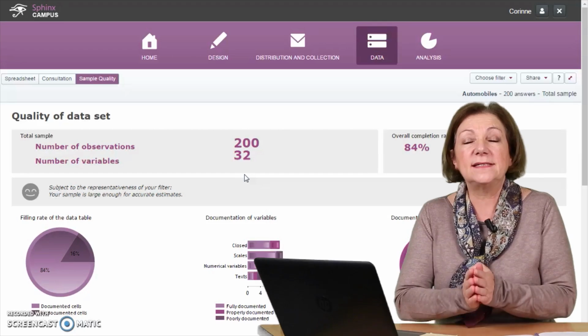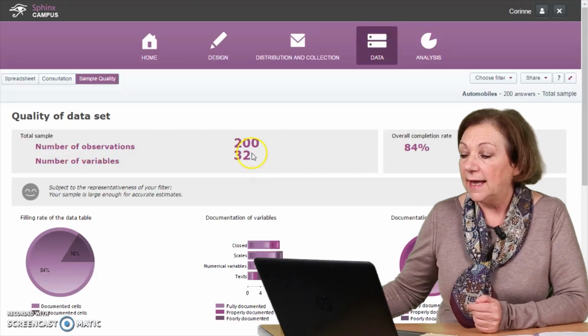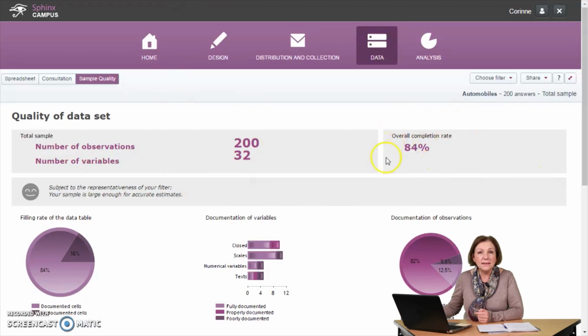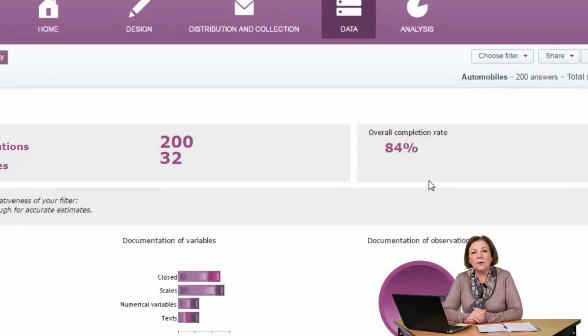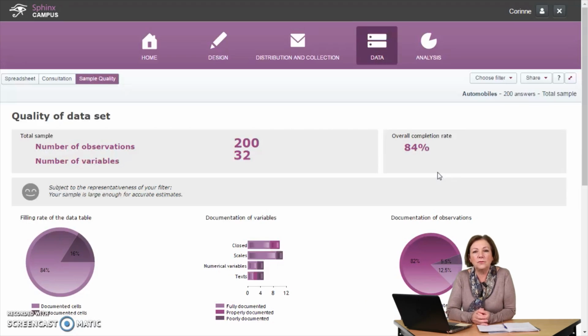Now, the 84% represents the number of cells that have been documented, where people have actually answered something. So that is an indication of the rate of non-response.